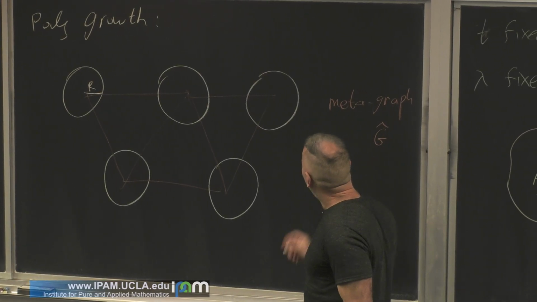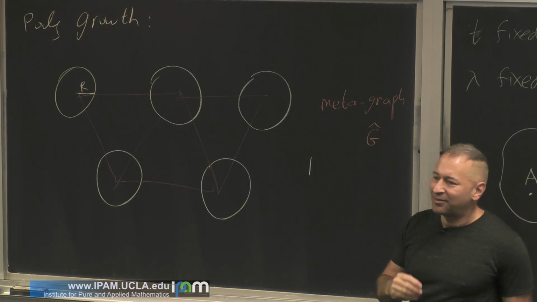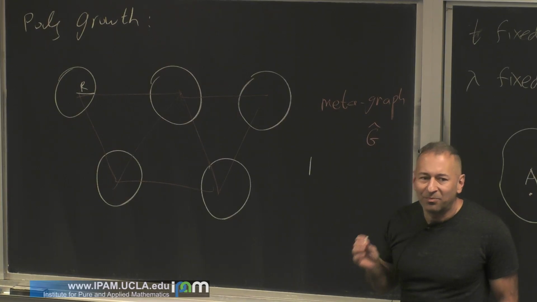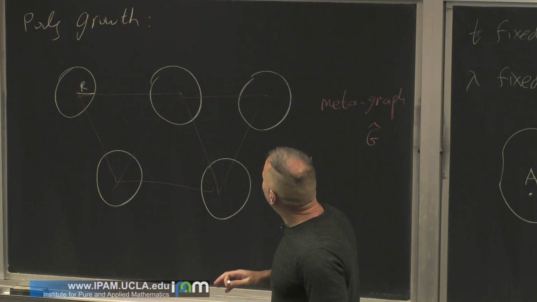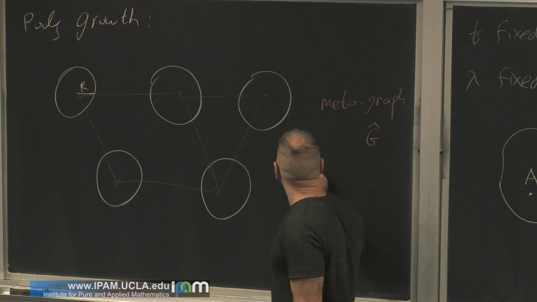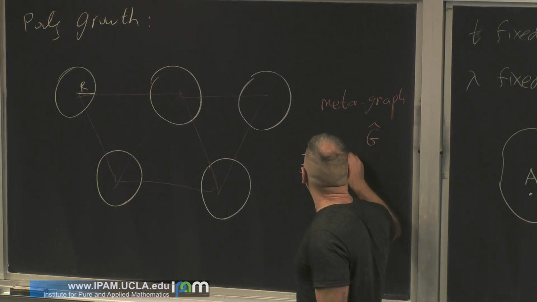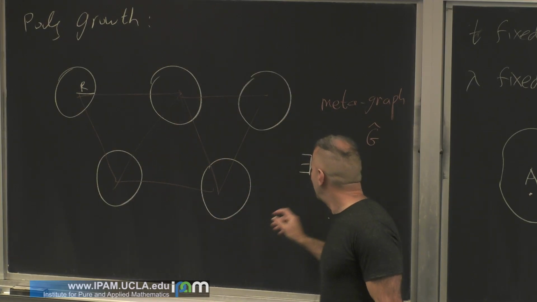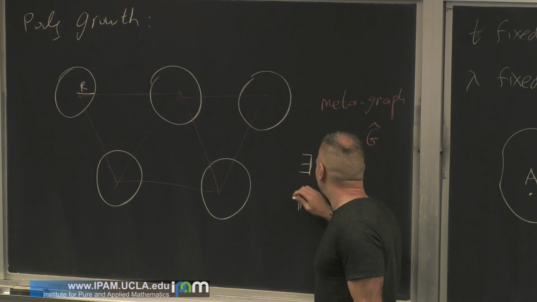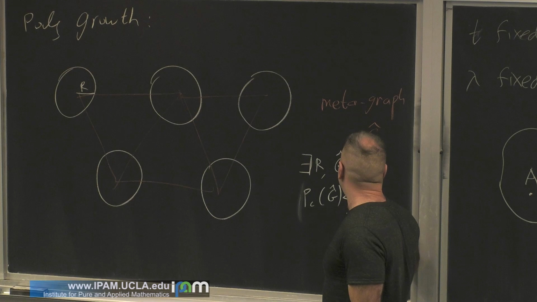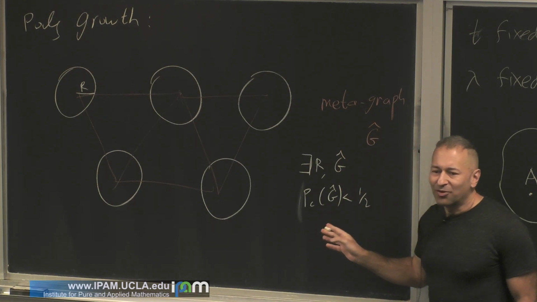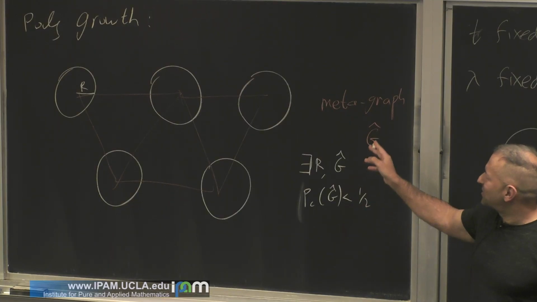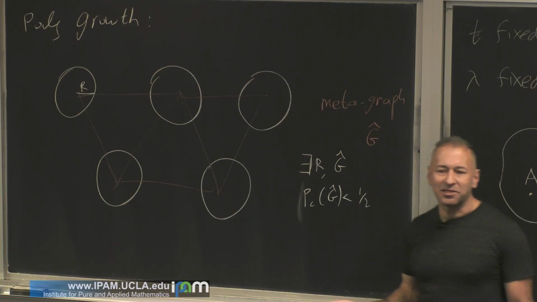And what is known, this is a part of the structure theory for polynomial growth transitive graphs, is that we can find such a net, so there exists some r and some G hat, so you can select these balls such that p_c of G hat is less than, let's say, half, or you can put any number you want here. So the critical parameter for this meta graph, you can make it less than 1.